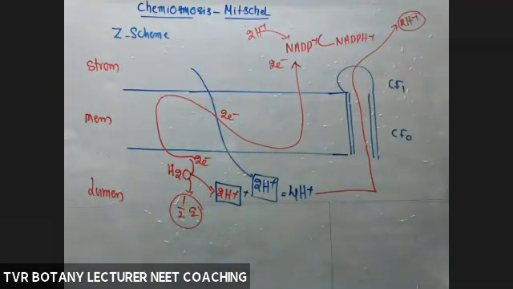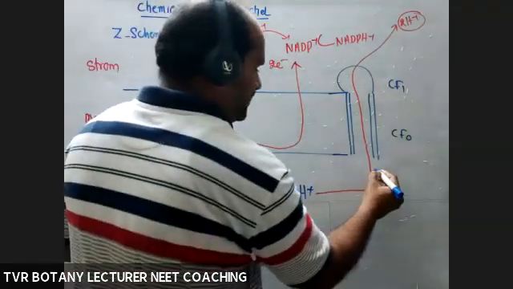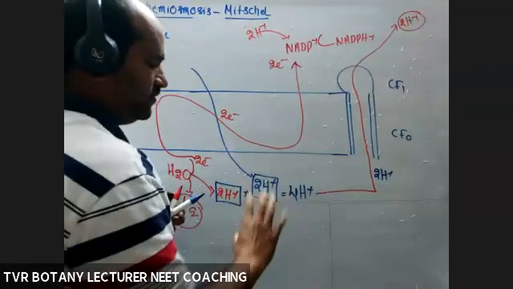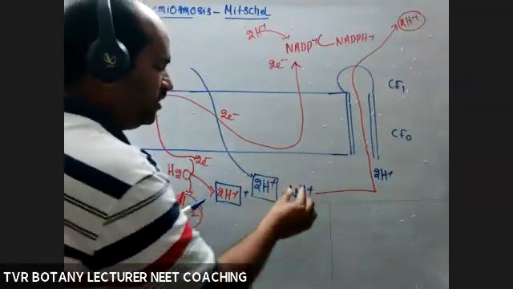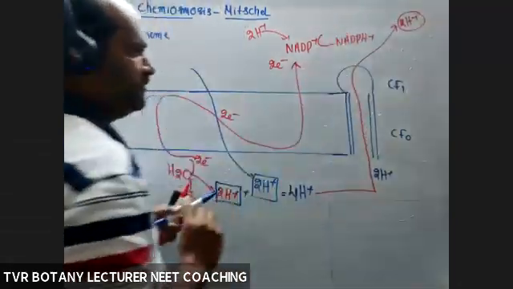That is according to electrochemical potential gradient. So out of 4H plus, take 2H plus out of 4, one by one. To understand the concept, I'm giving like that. 2H plus transferred, again 2H plus, to understand the concept only.